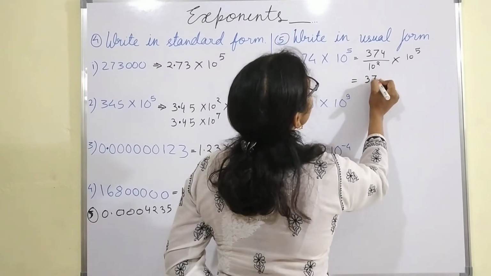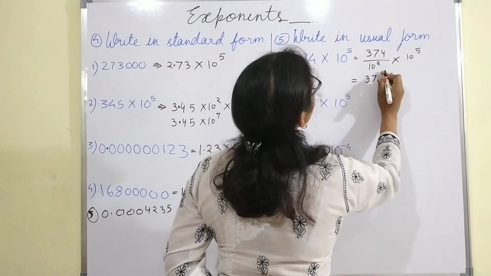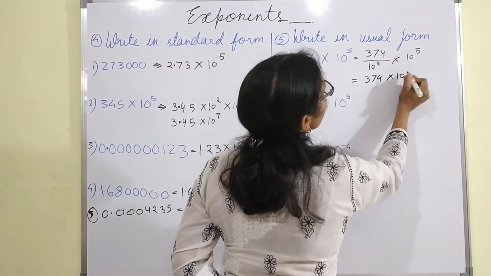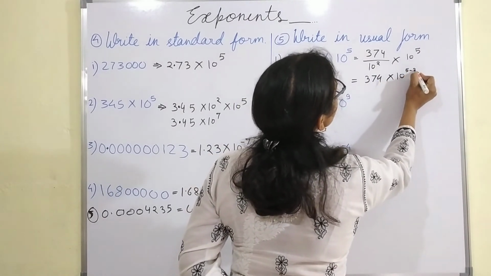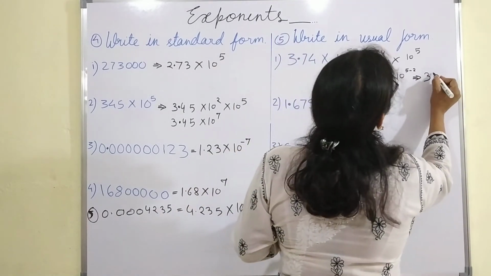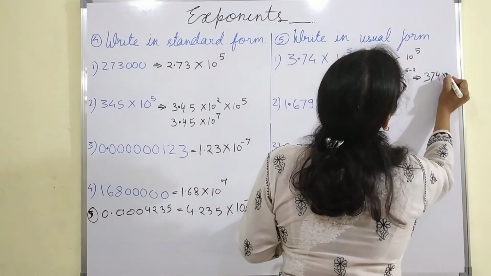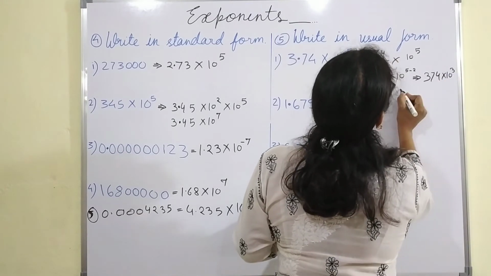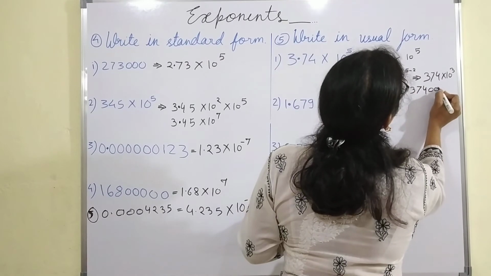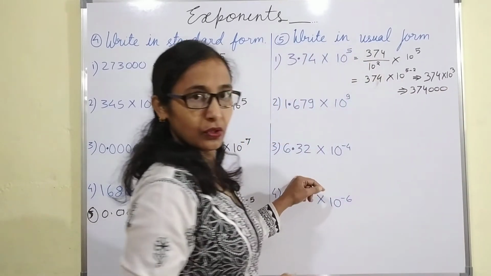So 374 into 10 to the power 5 minus 2. So it will become 374 into 10 to the power 3. So your answer will be 374 and 3 zeros.